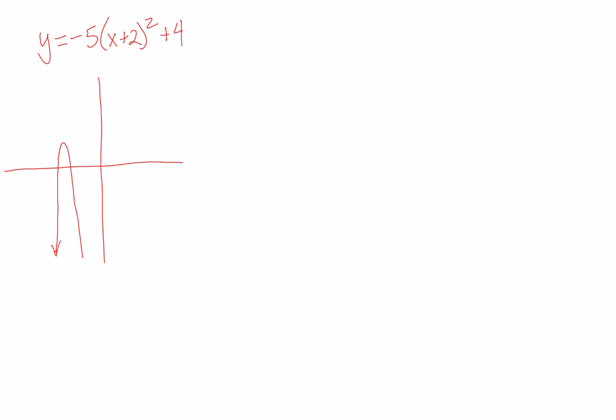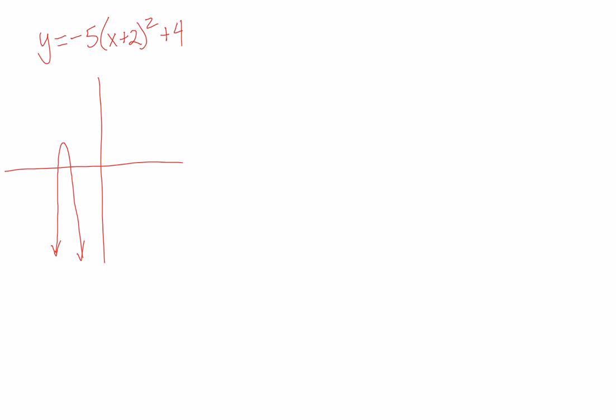If I gave you an equation of negative 5(x plus 2) squared plus 4, we draw that graph on our calculator. I'll just type it in quick. It's going to be a quadratic, and it's going to look upside down, kind of skinny, something like that.